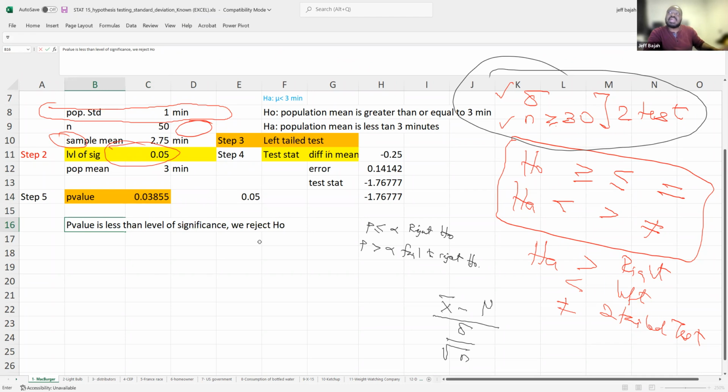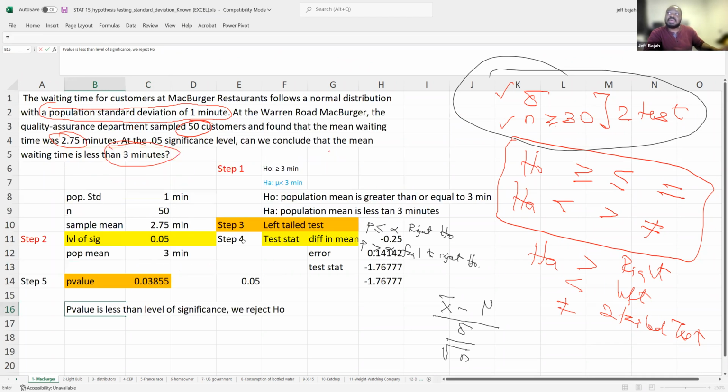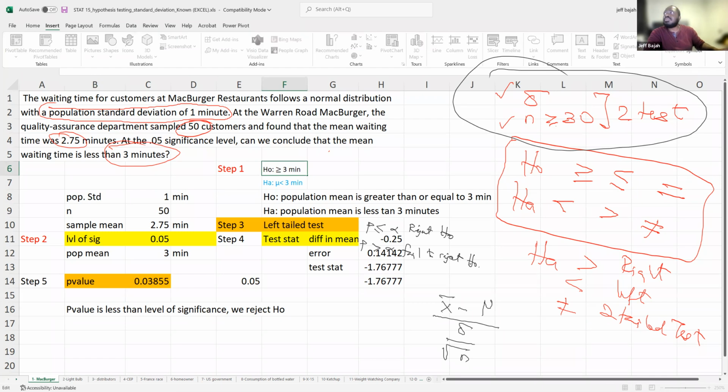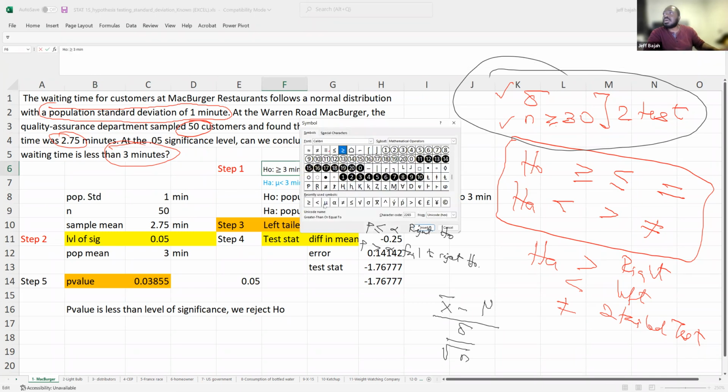So what we're saying here is, and I want to explain what this rejection of H sub 0 means. Go back here. Remember our setup? Remember our H sub 0 said that, and let me fix this. I think we missed something there. We missed putting our population mean. All right.